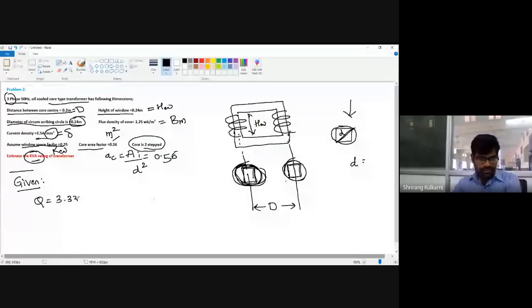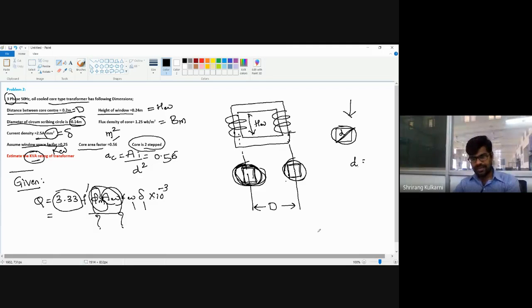First they have kW, delta, frequency. Frequency value is given, 50 hertz. Flux is not given. AW is also not given. KW is given, yes. Current density is given. So first what you have to calculate? These things we have to understand. Correct?